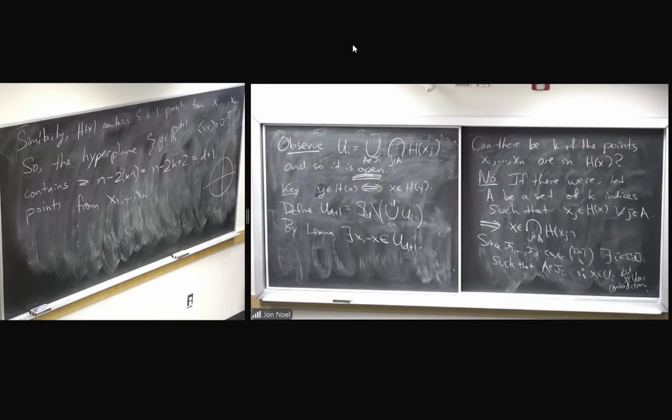In the case d equals 1, this would mean that when you pick your n random points, two of them are antipodal, because the only way to be on the equator between x and minus x is to be antipodal. That's going to happen with probability 0.